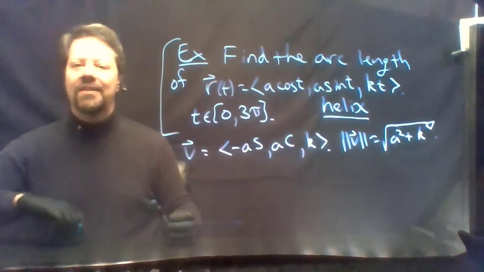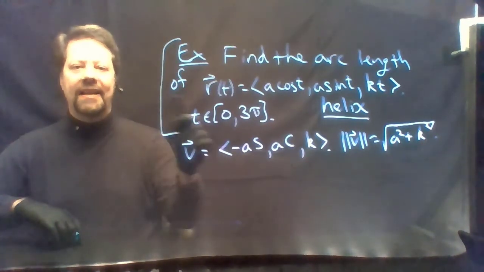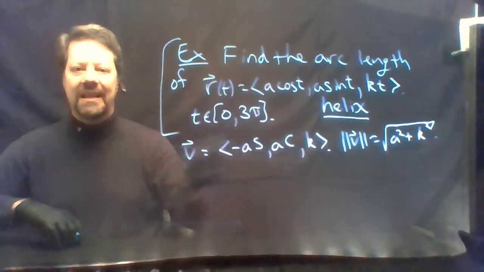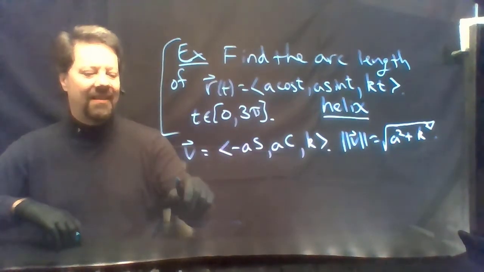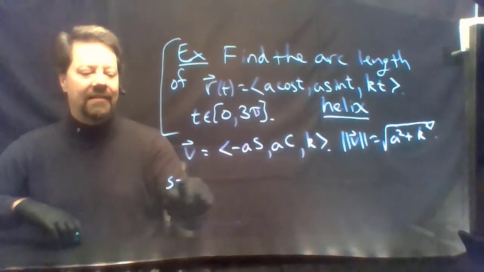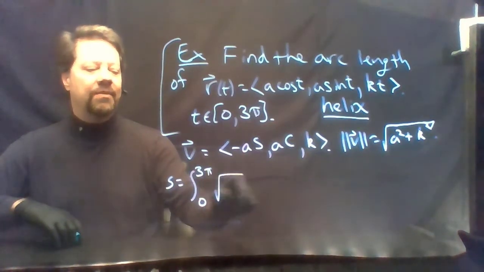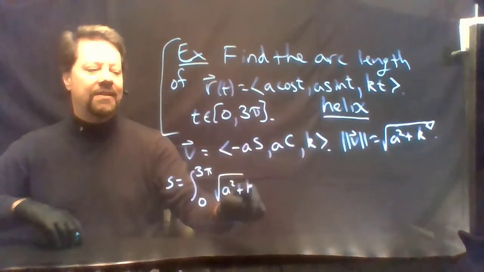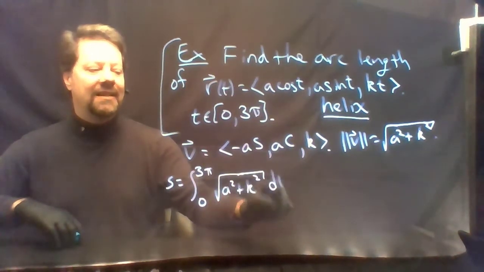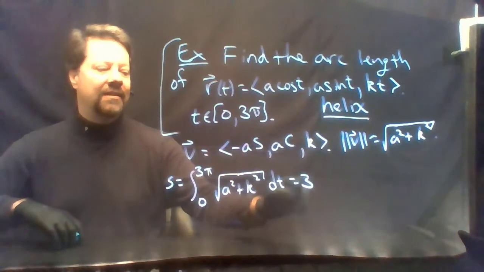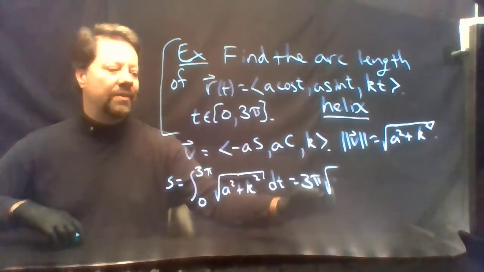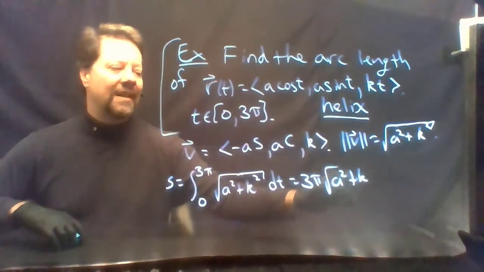Note that this curve is being traversed at a constant speed. The arc length then will be the integral from 0 to 3 pi of the square root of a squared plus k squared dt. And that then is 3 pi times the square root of a squared plus k squared.